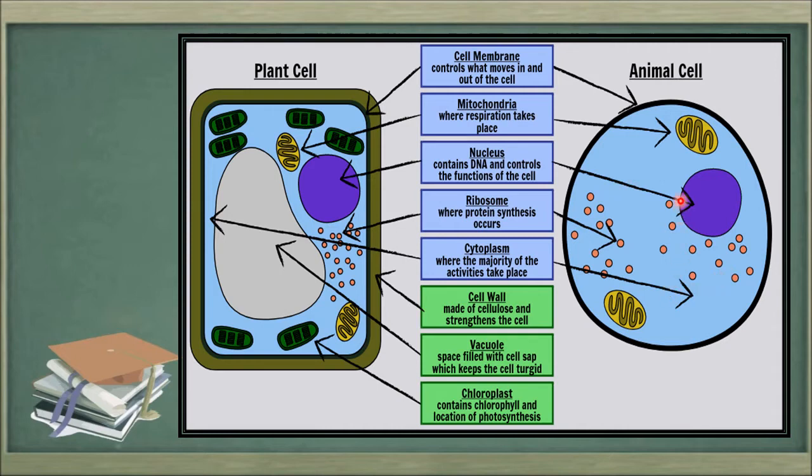If you remove the nucleus, you will see the remaining part. Basically we divide the cell into three main categories: cell membrane, cytoplasm, and nucleus, and all the remaining cell organelles are present in the cytoplasm.